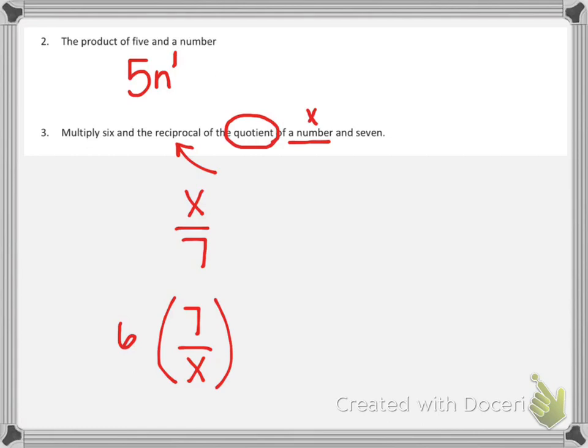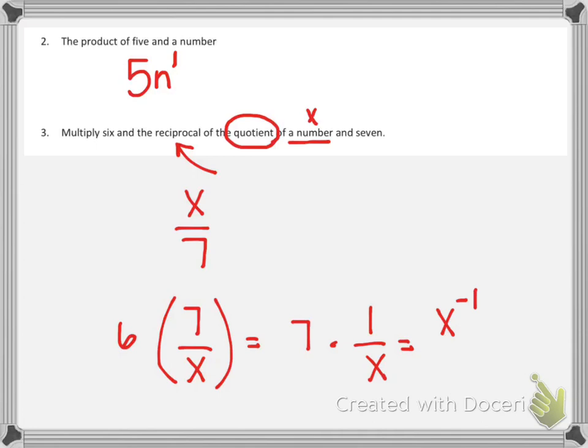The expression is nonlinear because 7 over x is equal to 7 times 1 over x, and 1 over x is equal to x to the negative 1.